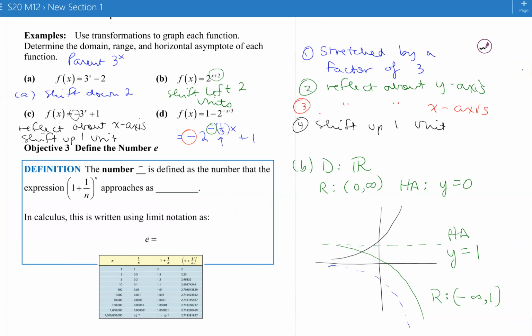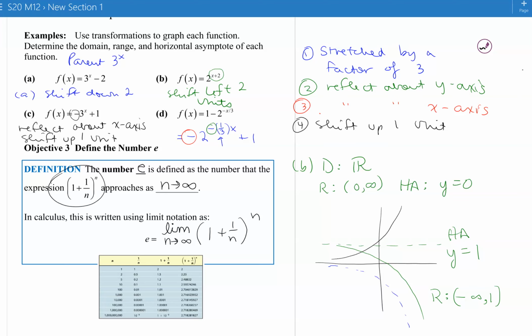Okay, so the number e is the last thing we need to talk about, and it's the number that this expression approaches as n goes to infinity, as n gets larger and larger. So in calculus, you'll write this with limit notation: as n goes to infinity of (1 plus 1 over n) to the power of n equals this number e.